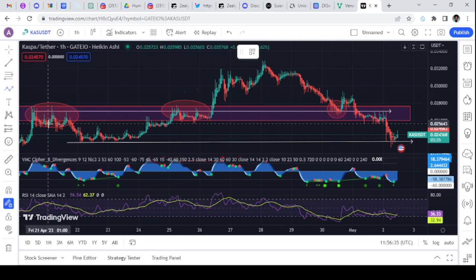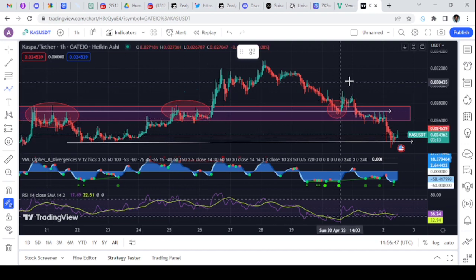Now, these two resistance, the first one and the second one, are on the same plane and the same structure with this support. And in a case like this, when we have two major resistance on the same plane with a support, it's supposed to be a major point where the coin should experience a pump.